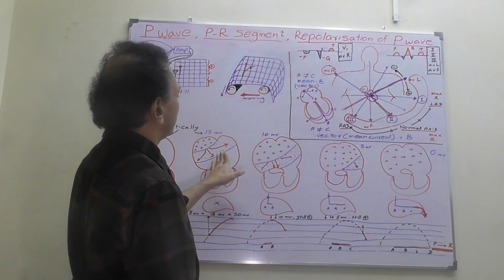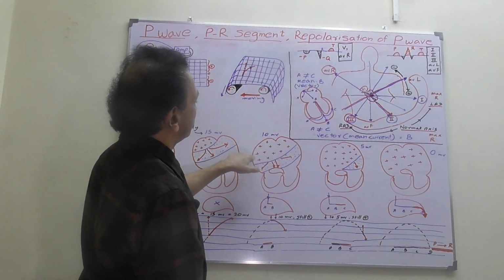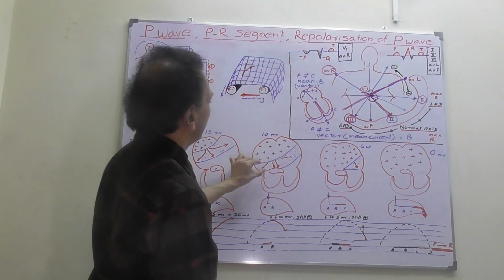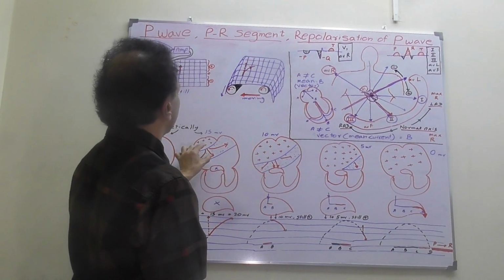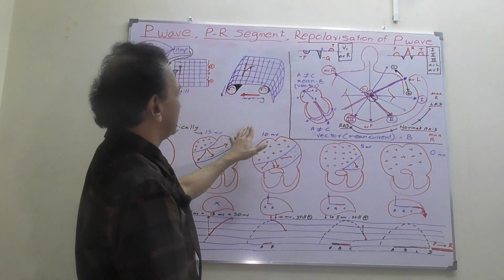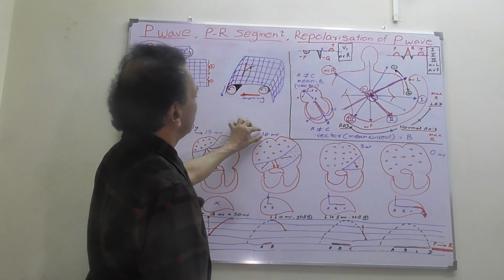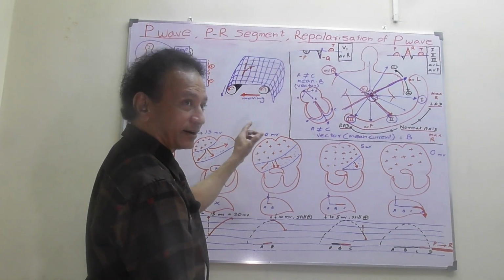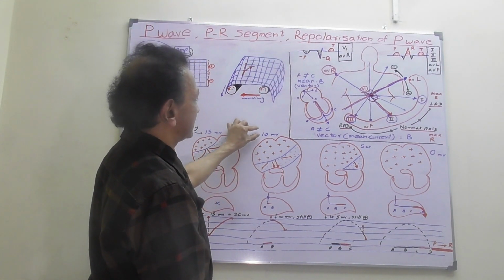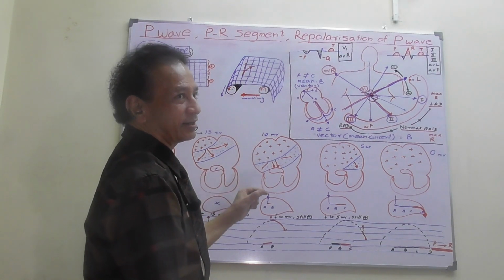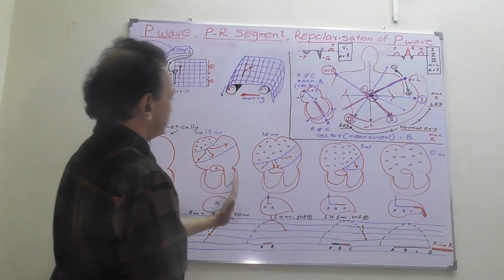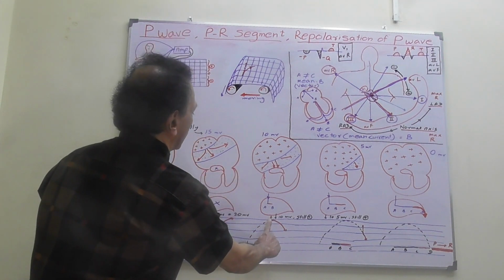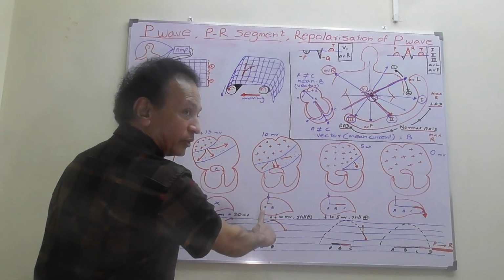After depolarization of this part, all this part will become positively charged, and left behind is only a small area. Now this area is smaller than this, so hypothetically we will think that as the area is small, the number of cells getting contracted is small, hence you get only 10 millivolt current. So what should happen is that it should go up by 10, because of the positive wave.